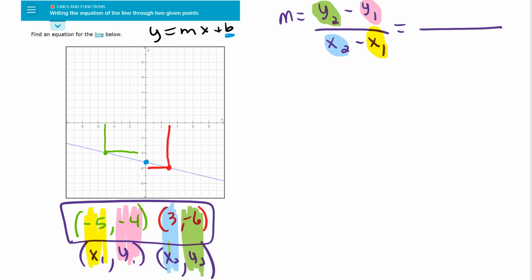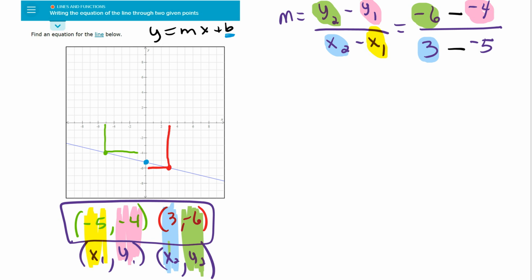So when I put all those numbers in there, I'm going to have y sub 2 is -6 minus y sub 1 is the -4 over x sub 2 is the 3 minus x sub 1 is the -5, right? -6, that was the green. -4, that was the pink. 3, yep, that was the blue.